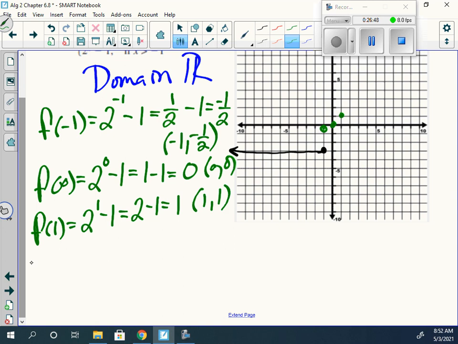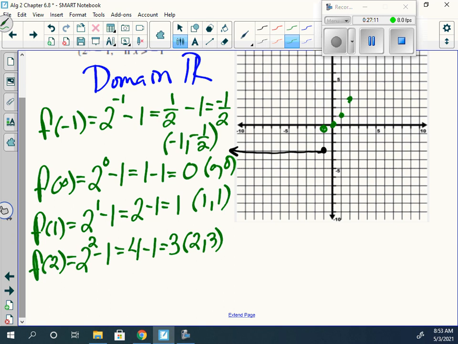Any questions on any of this here so far? Let's look at f of 2. Well, that'd be 2 squared minus 1. Well, what's 2 squared? So we have 2, 3. Okay, now we can see it's increasing a little bit faster, yes?